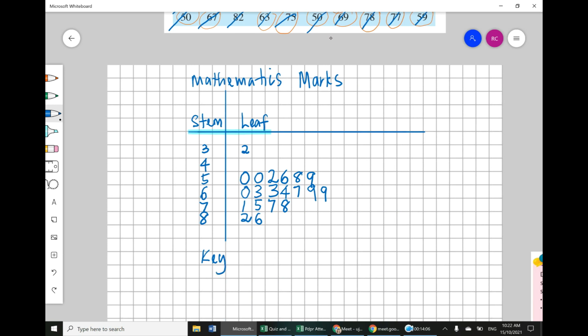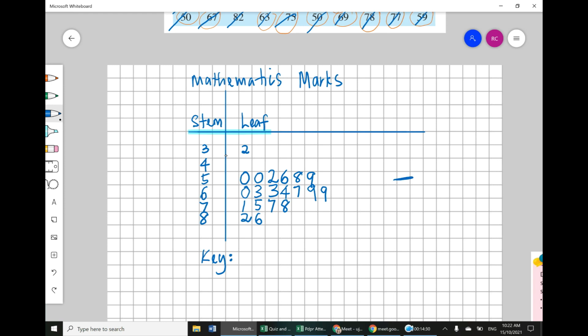So how to represent the key? The key is represented with the word key like this, with a colon. Then you can just pick any value from here. So usually people will pick the first value, that is 3 with a dash 2. This is a vertical dash. As you all know, the dash that we know is like this, right? This is a horizontal dash.